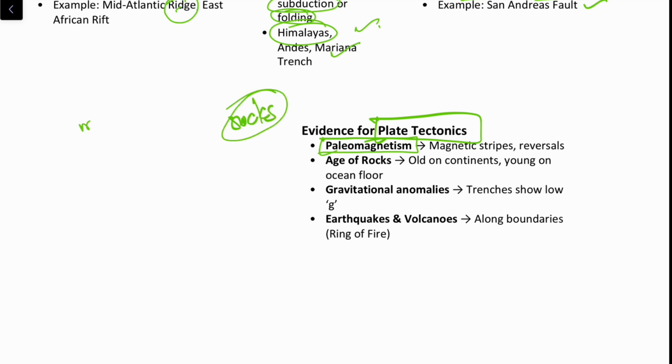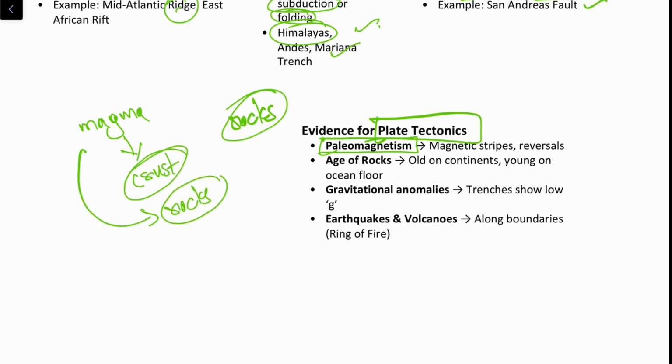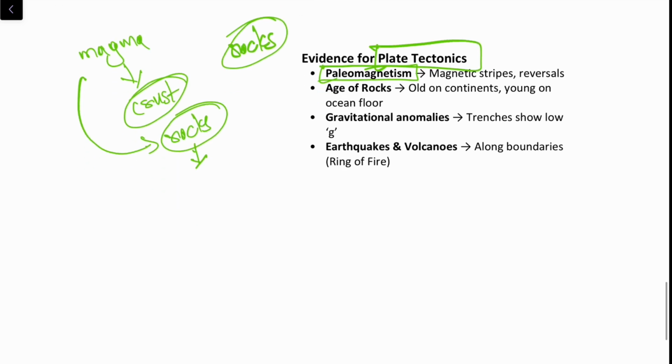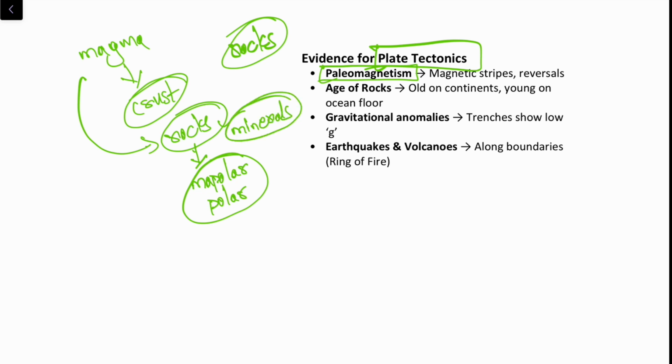When the magma comes out up to the crust and solidifies into rocks, the minerals present in that magma align in such a way that they represent the location of the magnetic polar regions, or magnetic poles, present at that time.